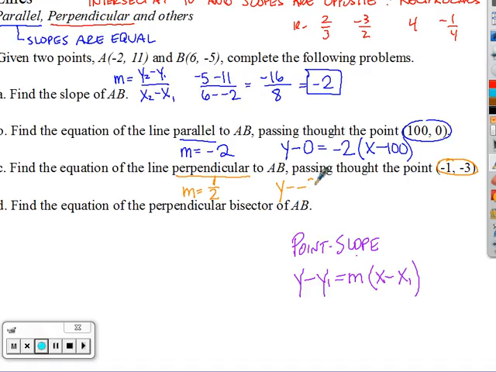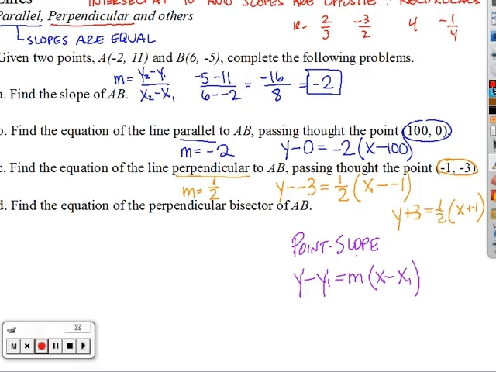Y minus -3 equals the slope of 1/2 times x minus -1. And I would want to simplify this because I don't want to subtract negatives. So the simplified version here would be y plus 3 equals 1/2 of x plus 1. And again, you could solve for y if you wanted to, or you could leave it in point slope form.